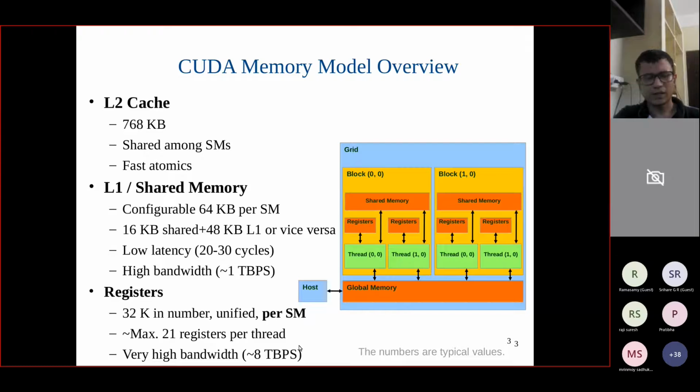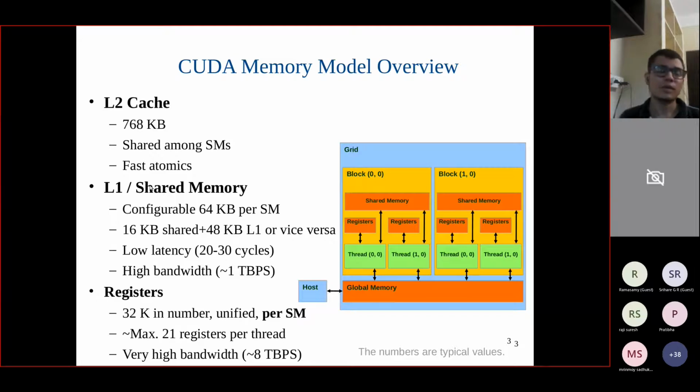You should observe that these two components, L1 cache or shared memory, and registers, can be exploited to get a very decent amount of performance, because both of them are very close to the core of the streaming multiprocessor. Another point to observe is that shared memory, not L1 cache, is programmable.